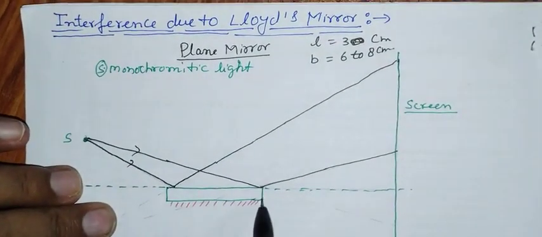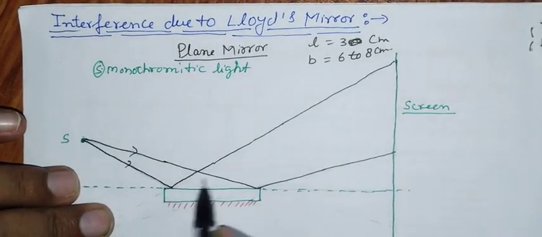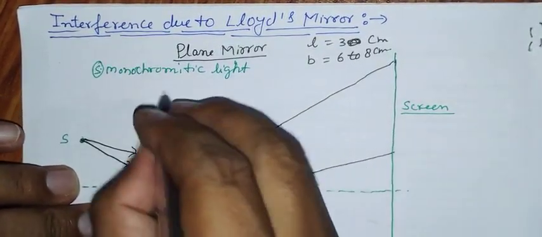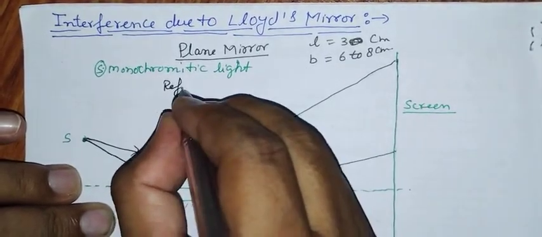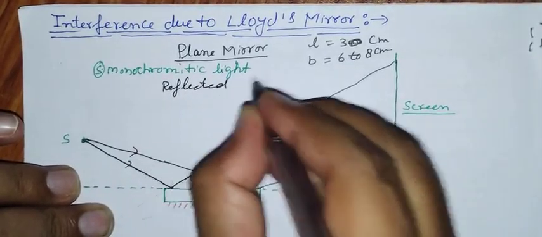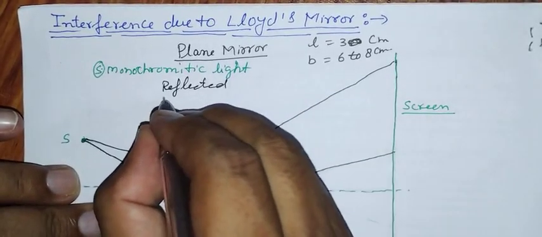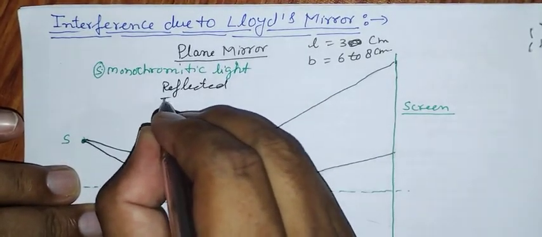This ray of light is also partly reflected and partly transmitted.